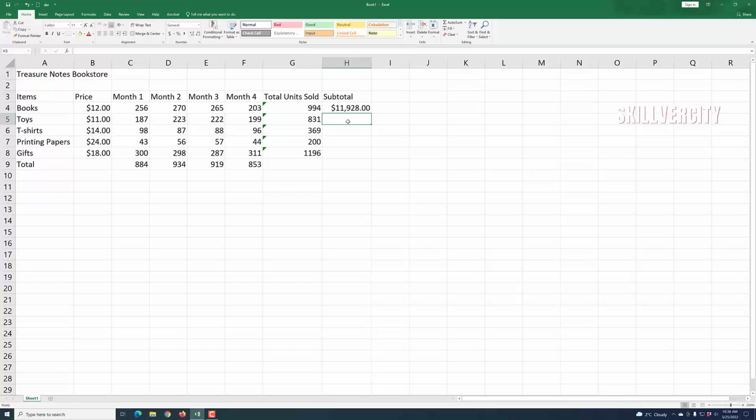So I'm going to repeat that for the other amounts. So we have the price cell for toys equals B5 multiplied by G5. Enter. B6 multiplied by G6.